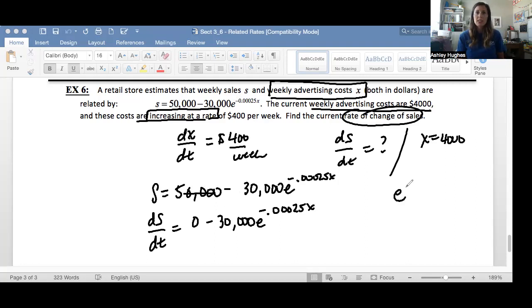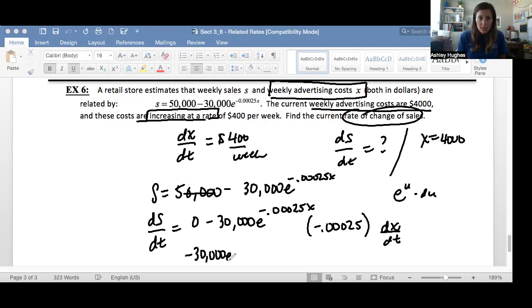And if you remember, the derivative of e to the u is e to the u times the derivative of u. So we're going to multiply by the derivative of that exponent, which is just the coefficient in front of x. And then we want to evaluate it with these values. So it's negative 30,000 e to the negative 0.00025 times x, 4,000, and then times dx/dt, which is 400.